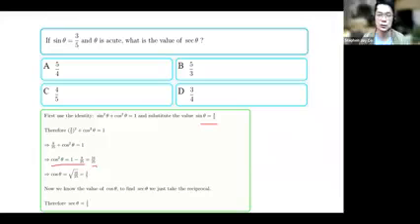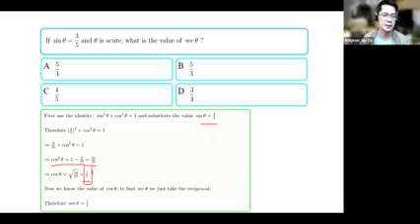That is 16 over 25. Getting the square root, you'll get cosine theta equals 4 over 5. Since we are looking for the secant, we just have to get the reciprocal of 4 over 5 to get secant theta equals 5 over 4.